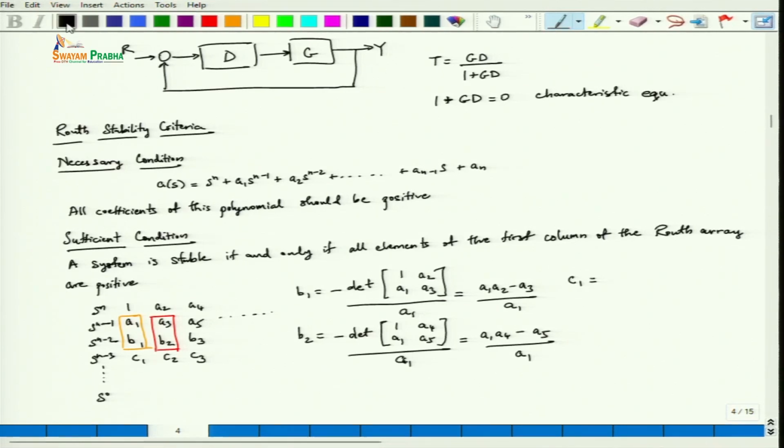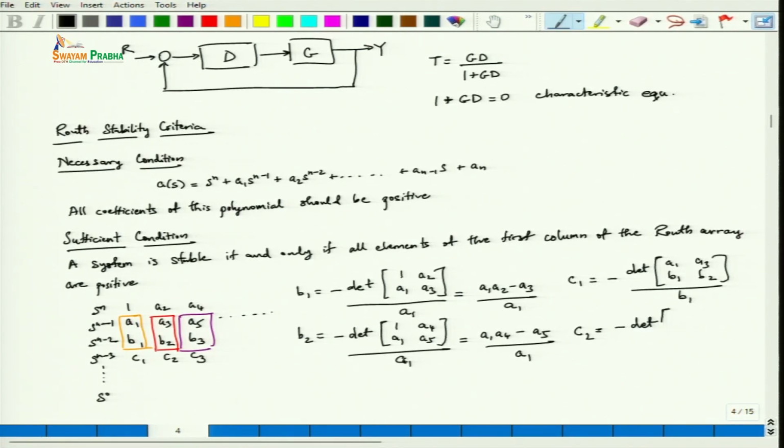Based on this, it is just the negative determinant of a1, b1, a3, b2, and we will divide by the corresponding coefficient b1, the one just above the row c. Similarly for the next one, that is c2, the first column as we have seen will remain the same, whereas the second column will have to move to the next column.